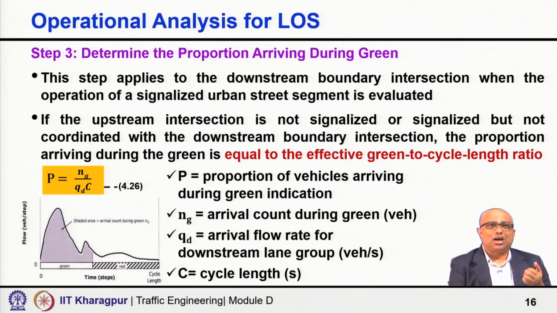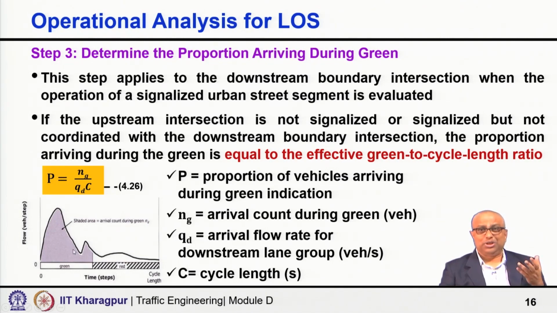But otherwise, how can we calculate it? Otherwise, we can calculate it using this equation as shown here. In a coordinated system, a larger share of vehicles arrive during the green and then the remaining vehicles arrive in the rest of the cycle. So, what can we calculate?